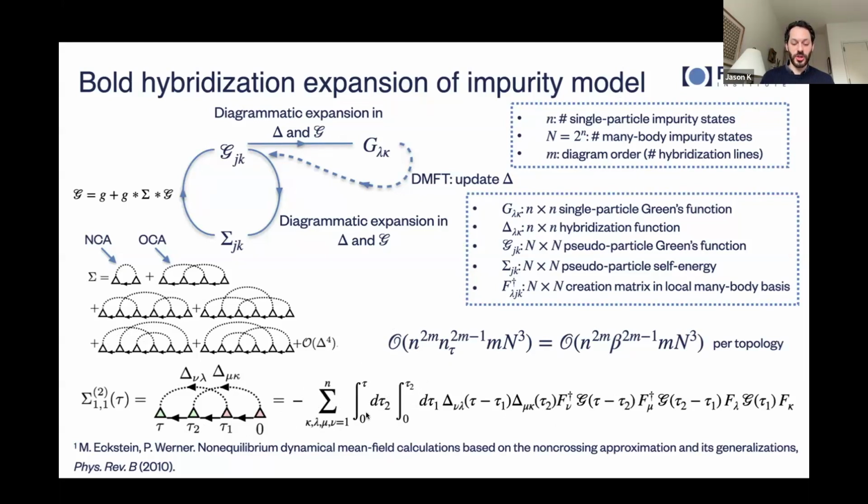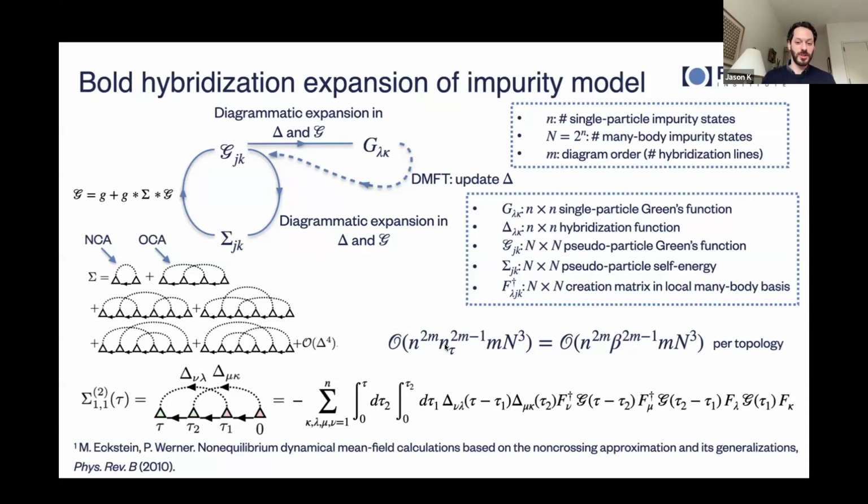Then we have 2m minus 2 integrals over the possible times that these hybridization lines can attach, so 2m minus 2 imaginary time integrals and an external imaginary time variable.